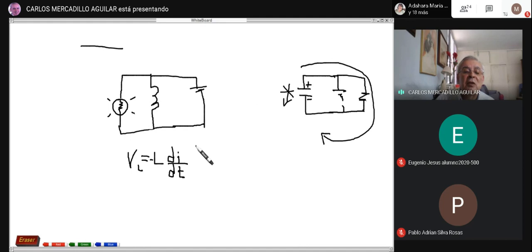But once there's a steady current, they will be in this direction, and this current here will stop.